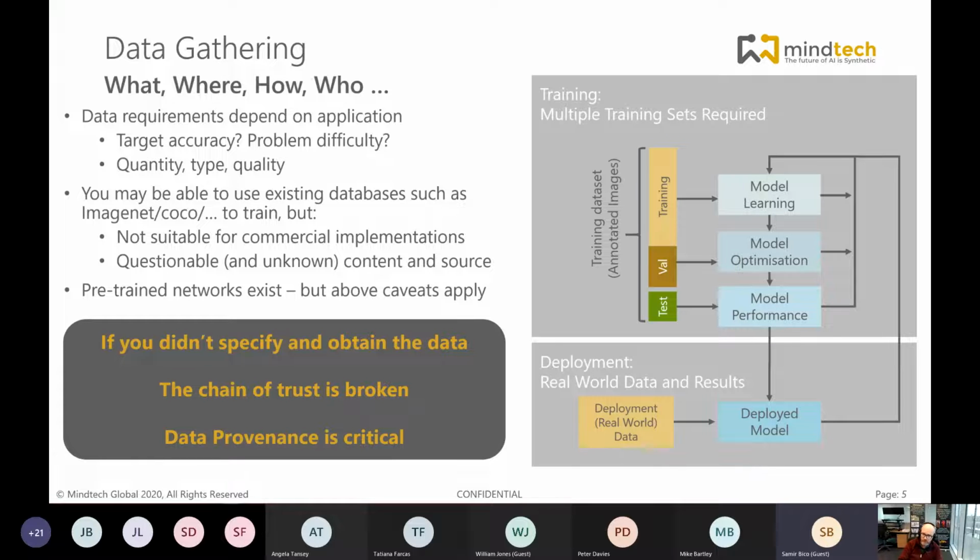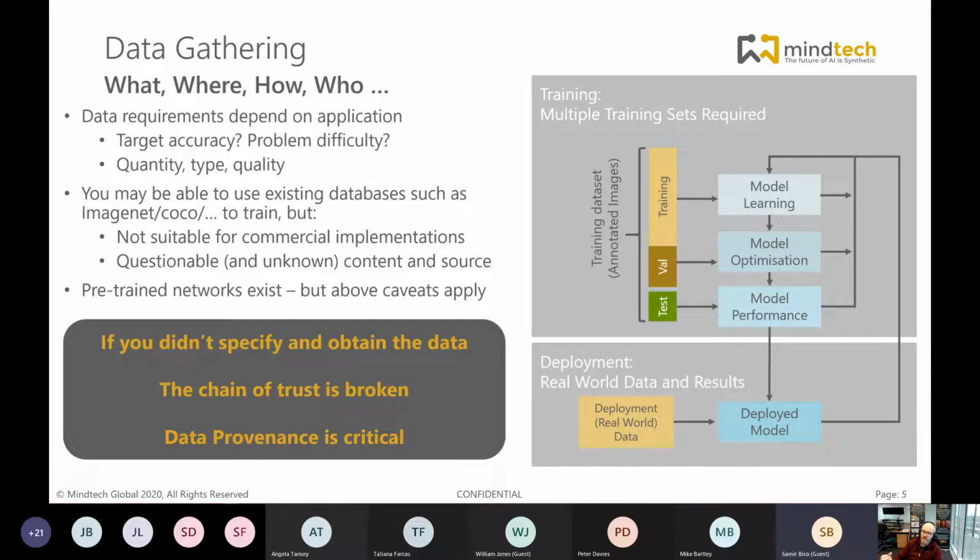We want the car to brake. We don't want the car to hit a pedestrian. On the other hand, if we're counting the number of people going into a shopping centre to check the capacity of the building, we probably have a reasonable margin for error. So it's very important to understand the target application in order to understand the accuracy and the types of data that we want.